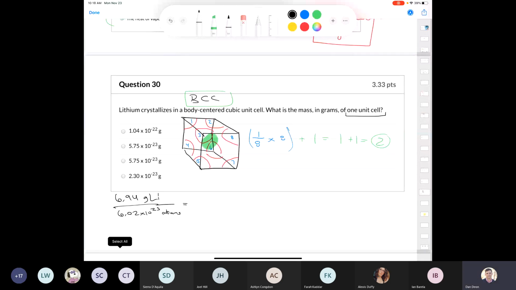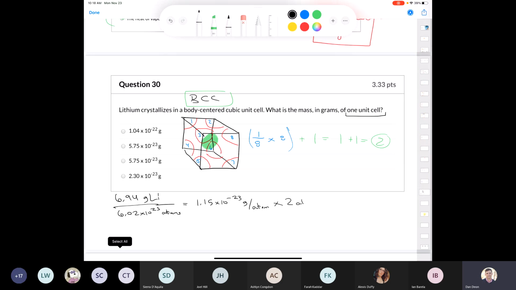If I divide that, 6.94 divided by 6.02 times 10 to the 23, I get 1.15 times 10 to the negative 23 grams per atom. Right? That's how much 1 atom weighs.